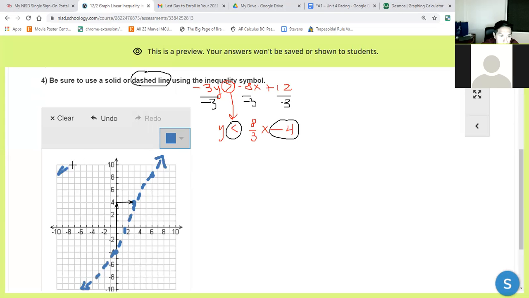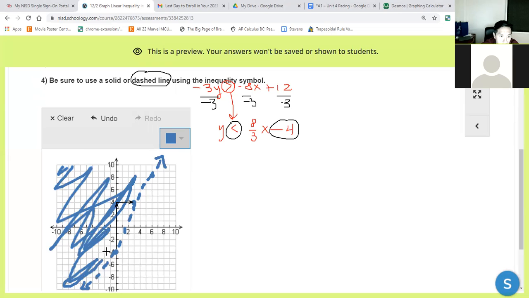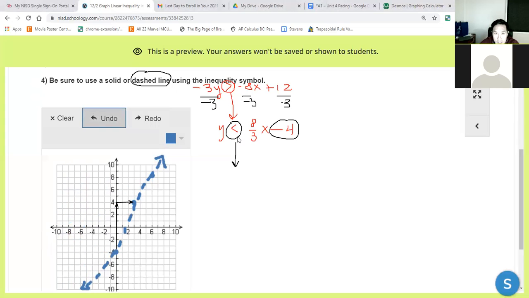And I'm going to shade everything only above the dashed line. So that means only points. Sorry, I just made a total mistake right here. It's not above. This says less than, so I have to shade below.